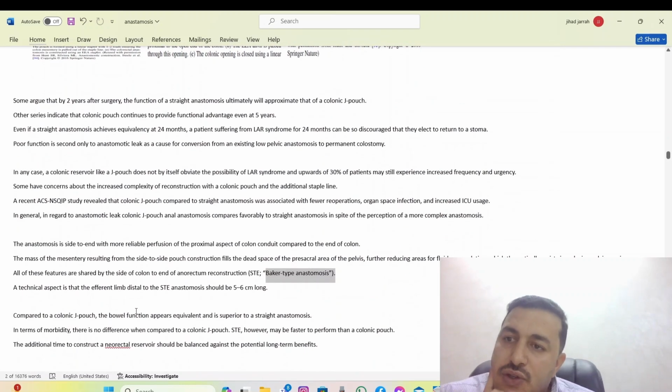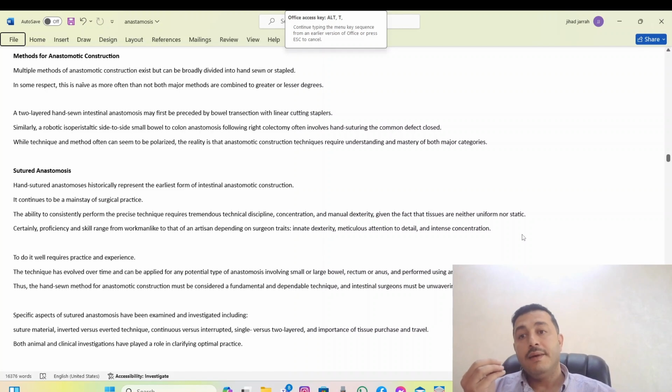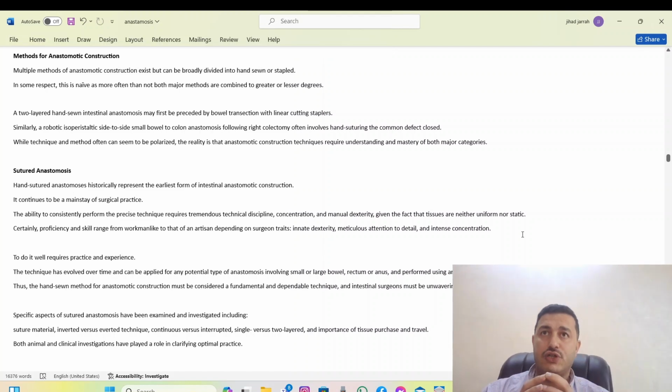What else didn't we mention? Okay, methods of anastomotic construction. Is it a hand sutured anastomosis using sutures, or a stapled anastomosis, or, as we will see, using two rings that bring tissue together, called compression rings? And from our daily practice, we know that these are not separate techniques. We can use them in combination.